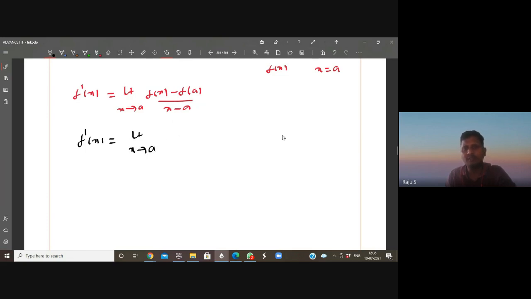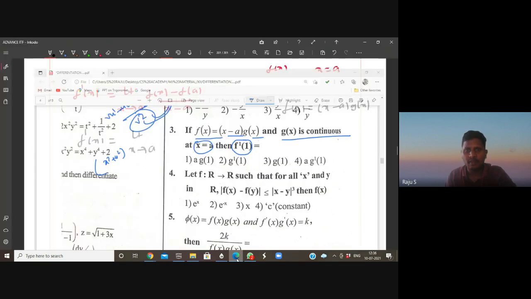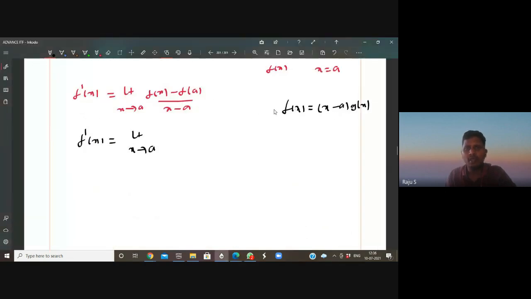Okay, what is the f of x they gave, students? Anyone? x minus a into g of x. Am I right? Yes or no? I want to replace this f of x by x minus a into g of x, minus f of a.